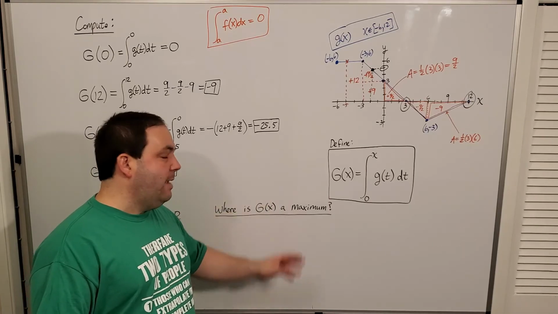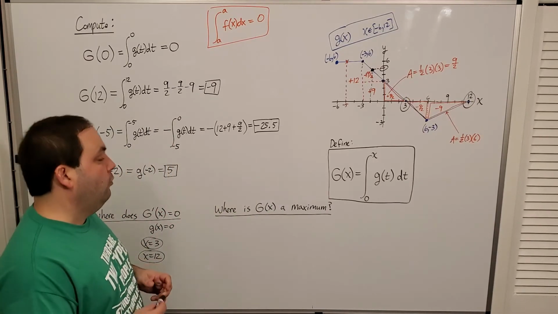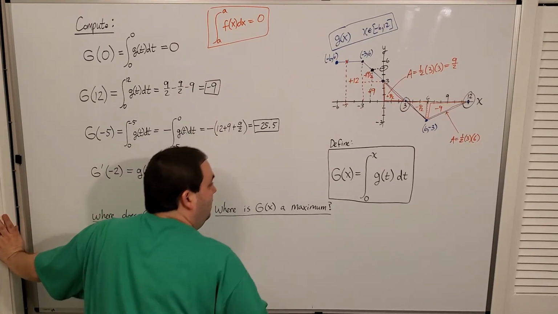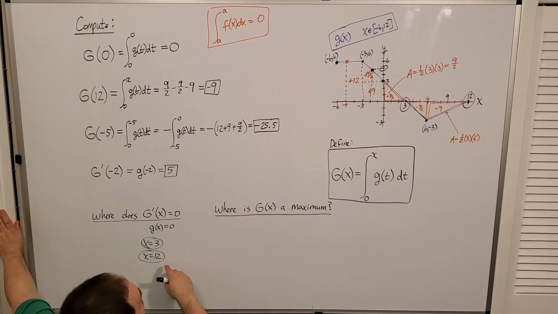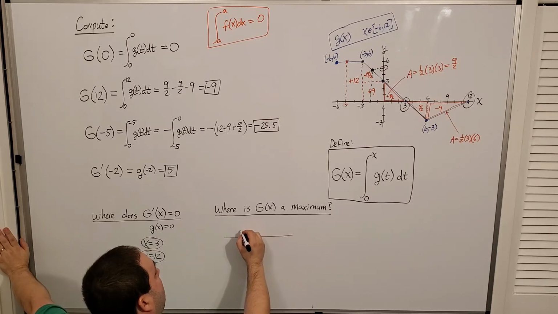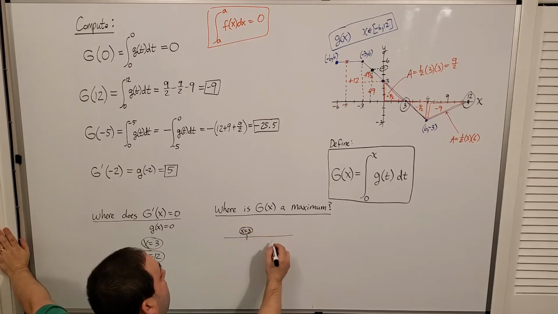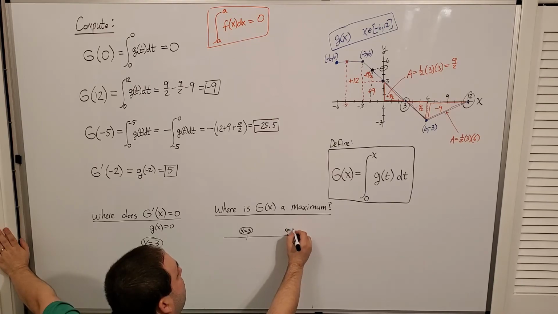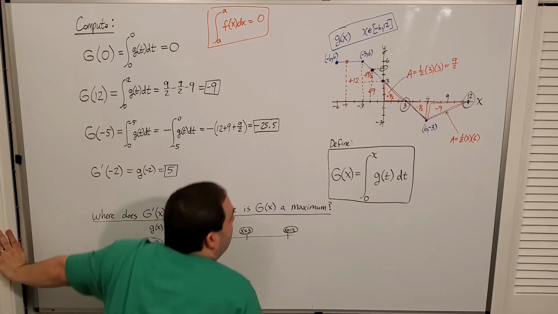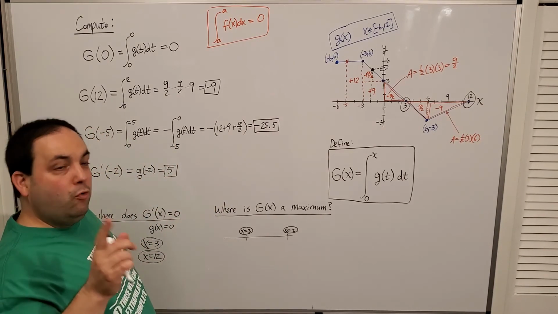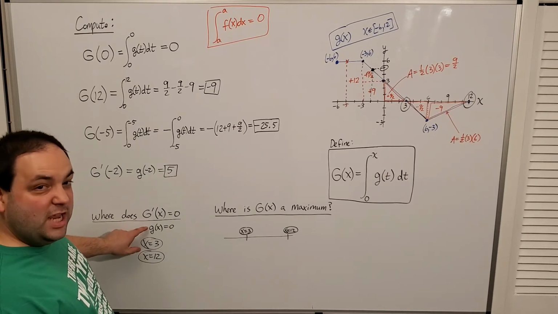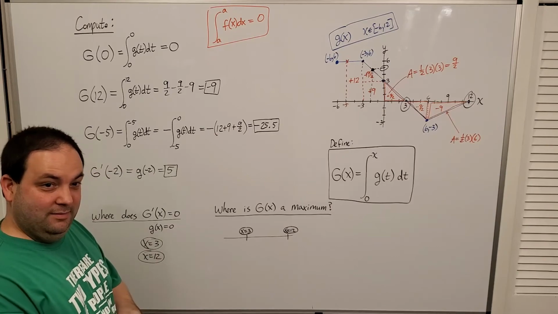Where is capital G a maximum? Well, remember from our first derivative zones, if we know that we have some critical values, right? Okay, I've got x equals 3 for this critical value and x equals 12 for this critical value, right? G prime is little g, yeah? So little g is my derivative.